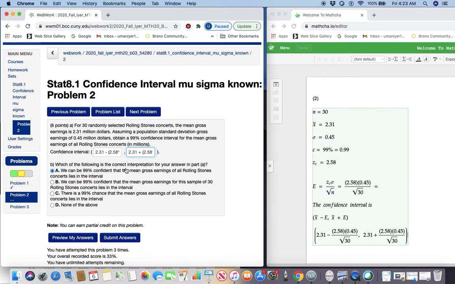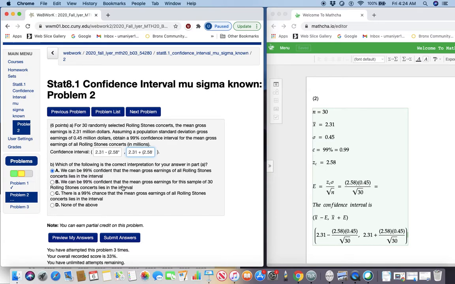Which of the following is the correct interpretation? That's A in my case. We can be 99% confident that the mean gross earnings of all Rolling Stones concerts lies in this interval. It is not the same as a 99% chance. This is a confidence interval, so you can be confident.